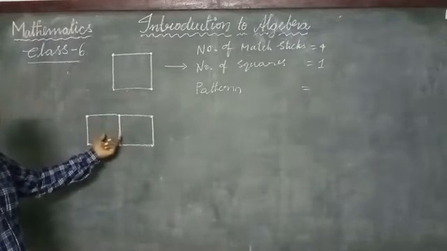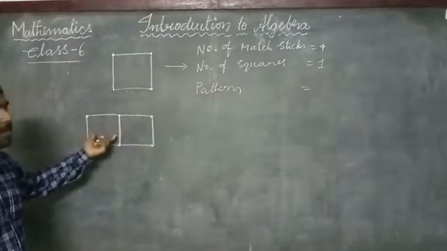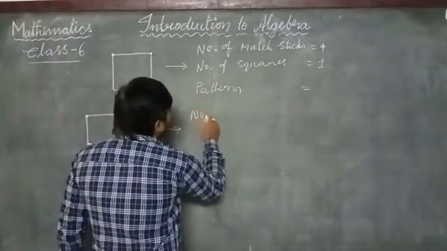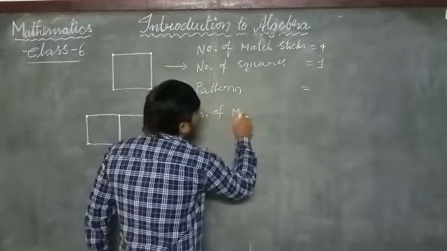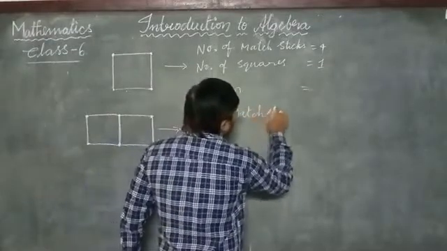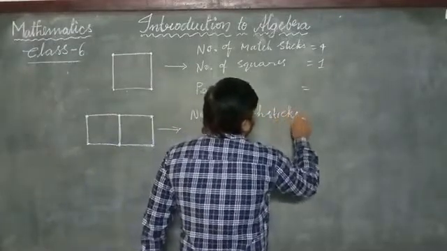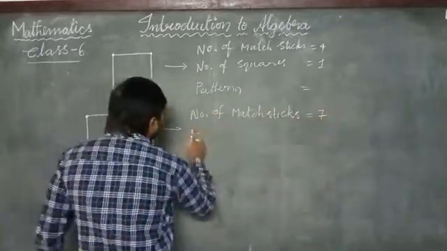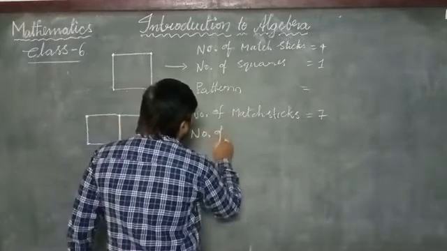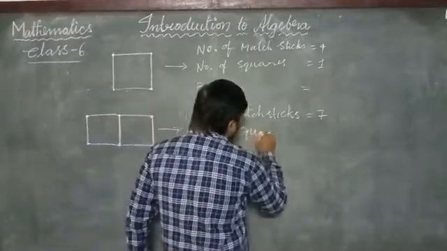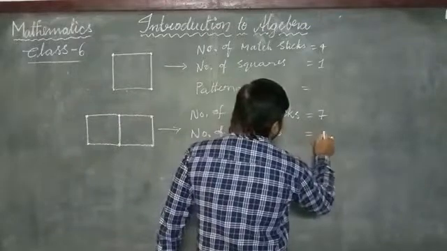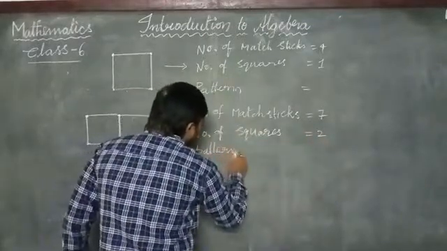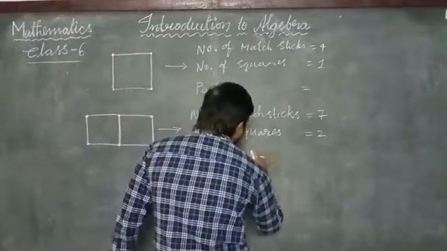It requires 7 matchsticks to draw the 2 squares. Here the number of matchsticks required is 7 and the number of squares is 2, and we should write the pattern after observing some more patterns.